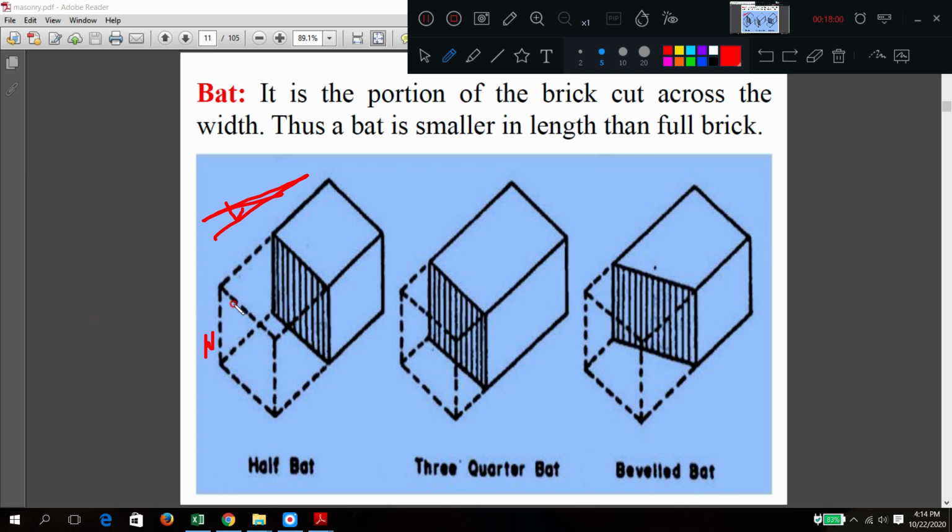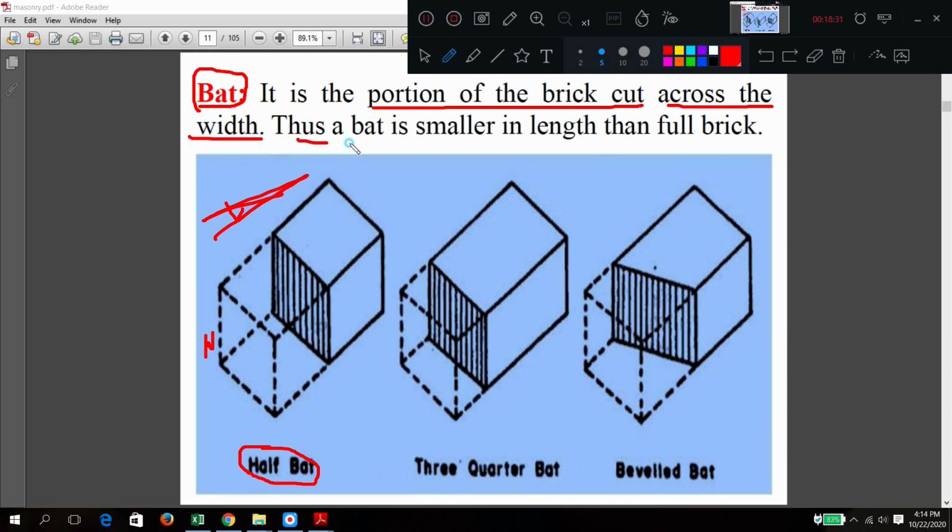If the brick is cut like this, then it is called as half bat. How is it cut? It is broken exactly half of its length, so L by 2, L by 2, if it is cut widthwise. A bat is the portion of the brick cut across the width.